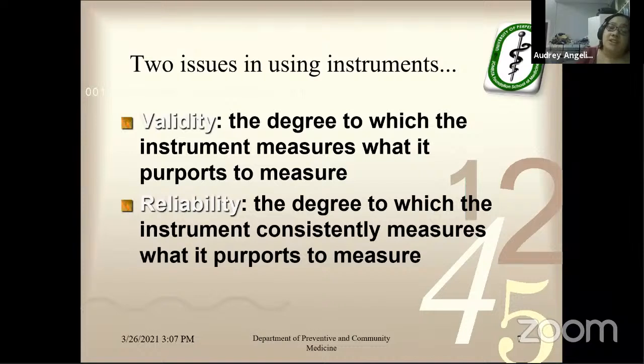But of course, there are different reasons why an instrument could be inconsistent, which we will tackle in next week's lecture. So how reliable is your BP apparatus to show that it is always 120/80? Or that infrared thermometer for that matter.